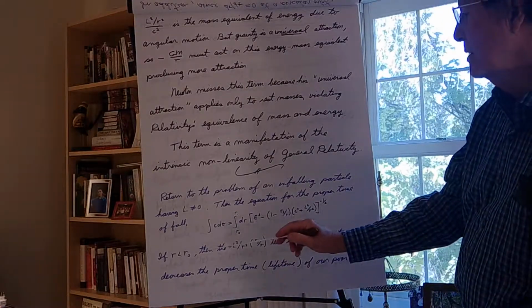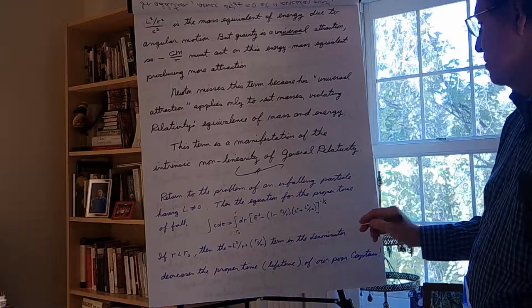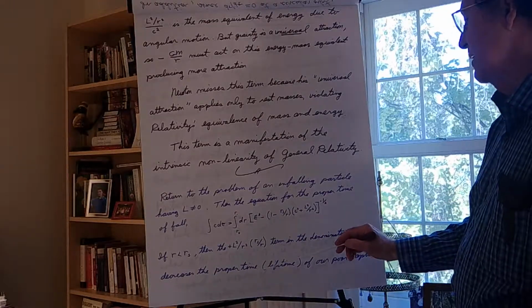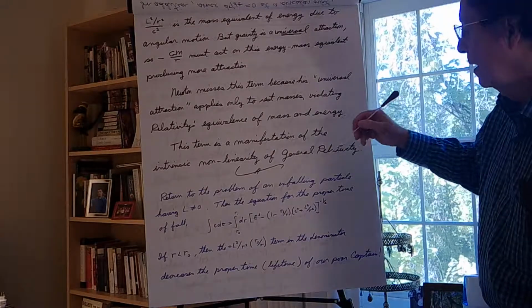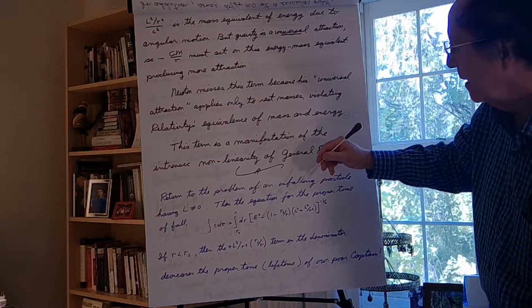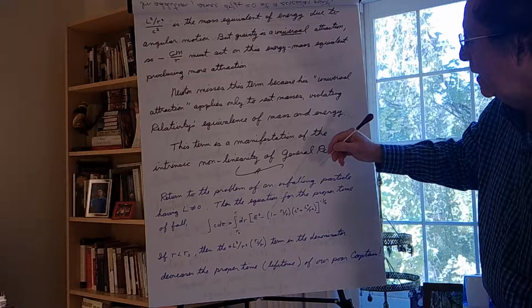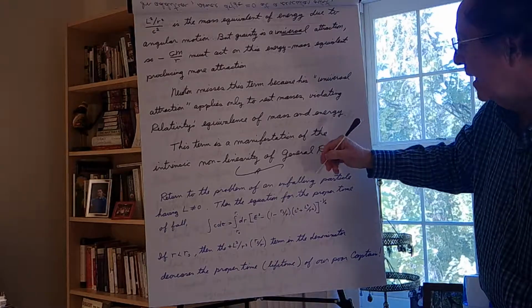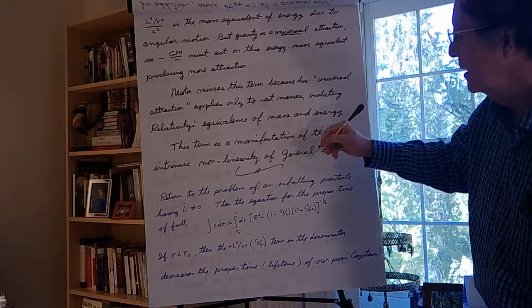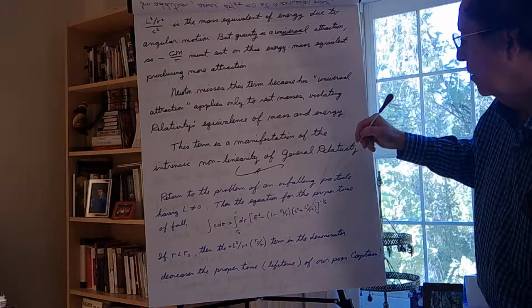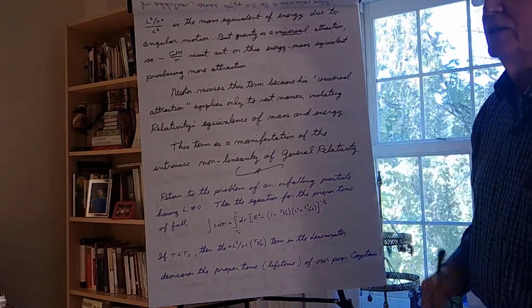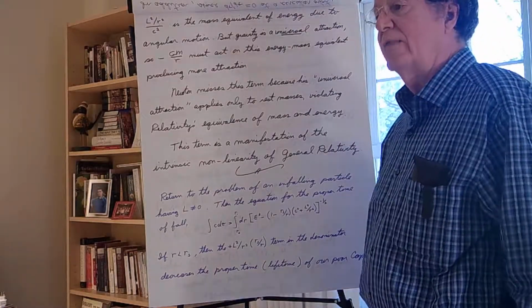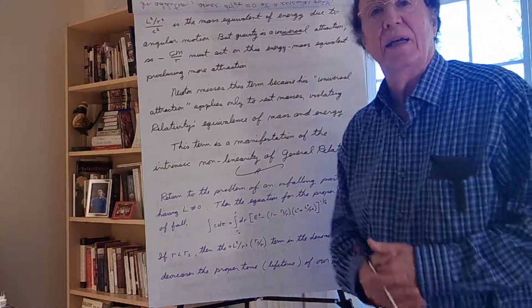We see that if R is less than Rs, then the extra term in the denominator decreases the proper time for our poor captain, because there's a minus sign here, there's a minus sign here. This factor becomes negative inside the Schwarzschild radius. This is negative, so L squared contributes, it's positive, and it decreases your lifetime.